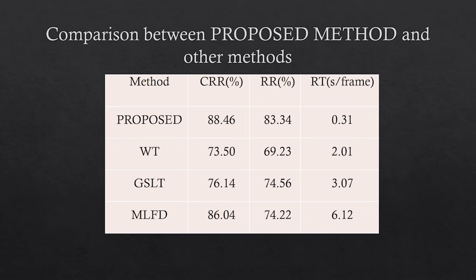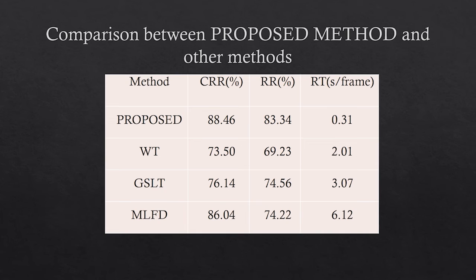It is also superior to most methods in terms of computational efficiency. For example, compared with WT, the correct recognition rate of the method provided in this article is about 40.96% higher.